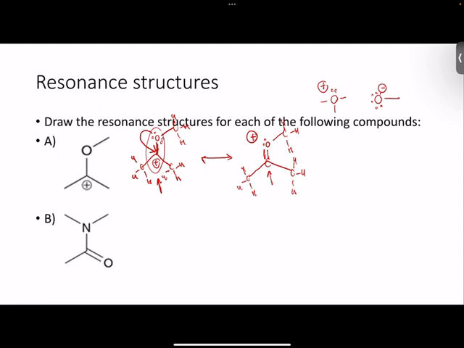Okay, so we can do the next one. Let's see, our nitrogen has only 1 lone pair. Oxygen has 2 lone pairs. Okay, so let's look at our carbons.